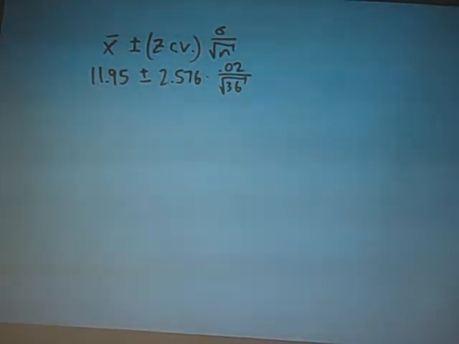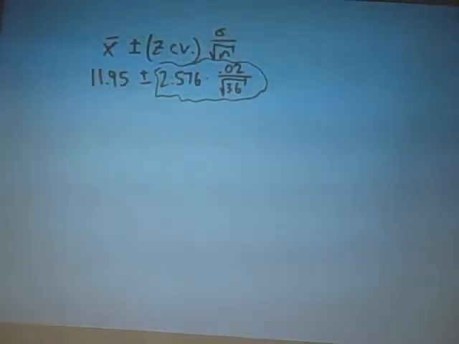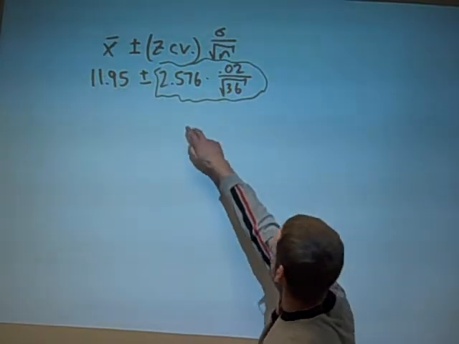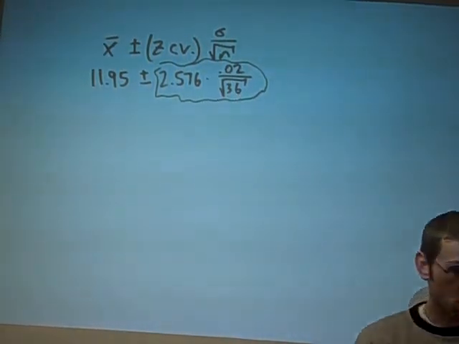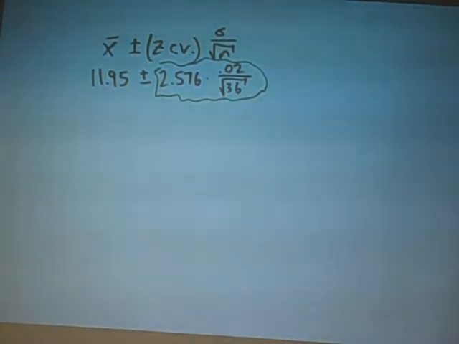One thing to point out is this thing that we add and subtract. If I take 2.576 times 0.02 divided by the square root of 36, what do I call that piece I've circled? It's the margin of error.